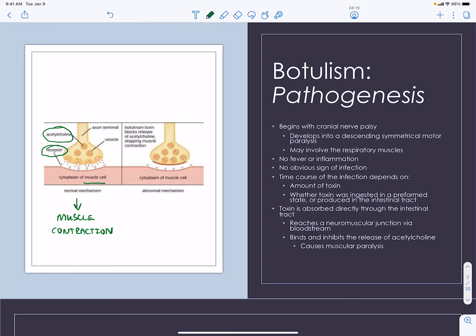Now, when botulinum is present, it's going to block the release of acetylcholine, and so the receptors are not engaged, and you get no contraction. And this is going to cause muscle paralysis.